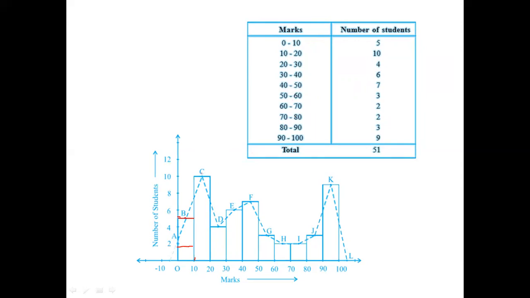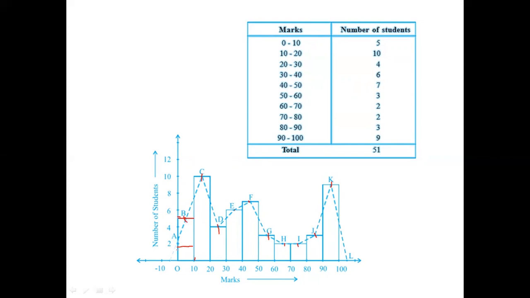Then here also again 0.5, here also 0.5, and so on for each class. Now I need to mark all these points.